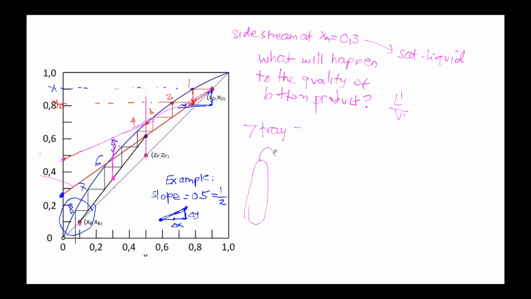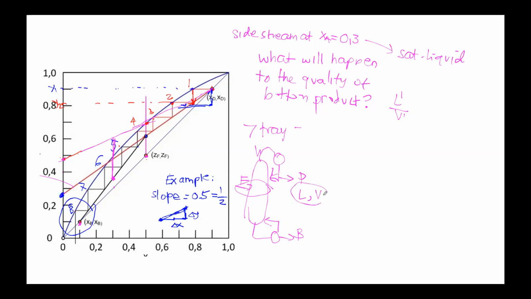You have to construct them from the mass balance between the B, this is D, this is L, this is V. Construct from the mass balance from the feed. So you should know the value of L and V.